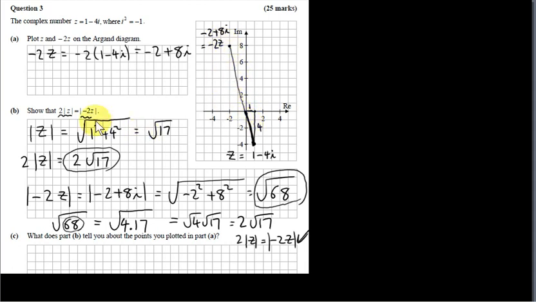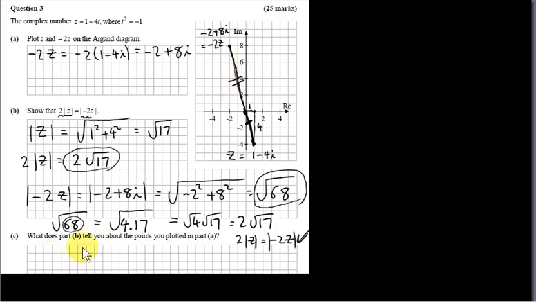The modulus of minus 2z is just the distance of minus 2z to the origin. So if we put one tick here to represent this distance, which is the mod of z, then this distance here is going to be 2 ticks, if you like, where this time 2 ticks does indeed mean twice this distance.